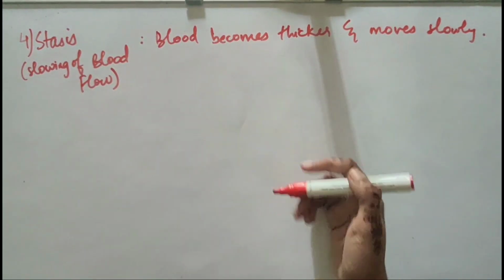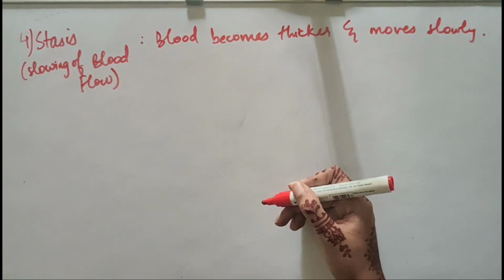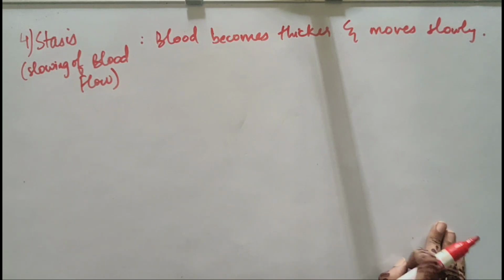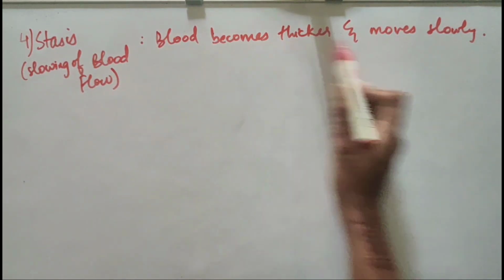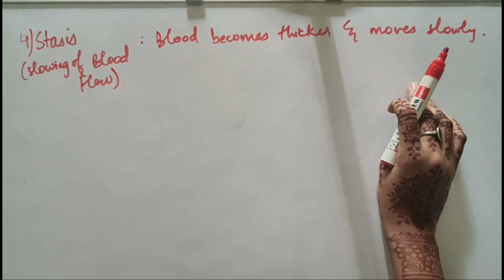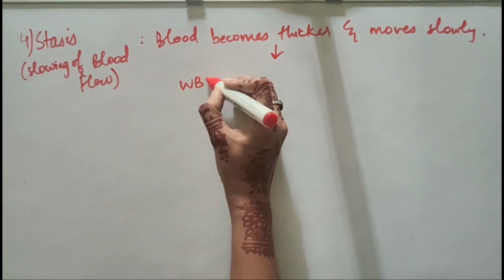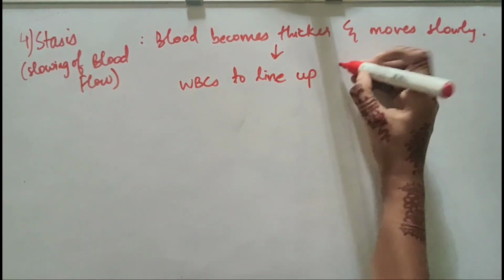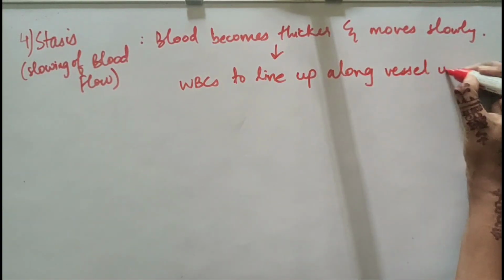In the previous step, what happened was increased vascular permeability, that is the leakiness, wherein the plasma moved out, resulting in swelling. So now, since the plasma already moved out, the fluid had been leaked out, the blood inside becomes thicker and it moves slowly, and this allows WBCs, white blood cells, to line up along vessel walls.